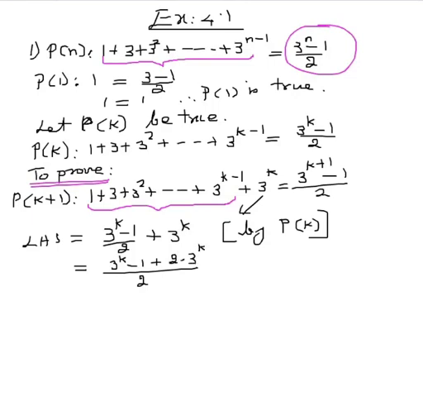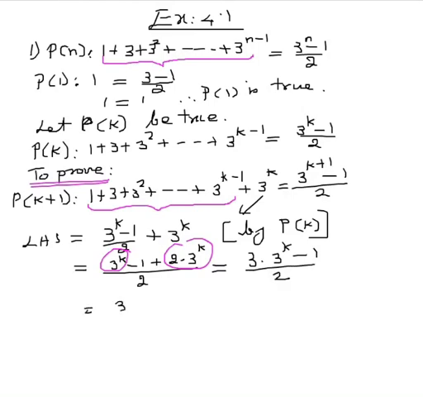It becomes 2 times 3^k. These two are like terms. This and this, let us add them. It becomes 3 times 3^k divided by 2. Add the exponents. 3^1 into 3^k becomes (3^(k+1) - 1)/2. And we got the right hand side.